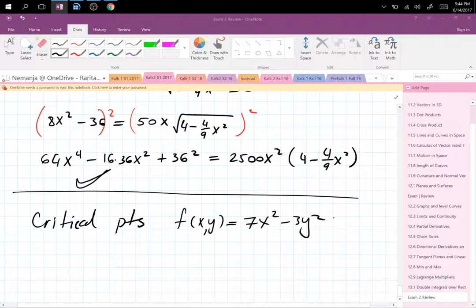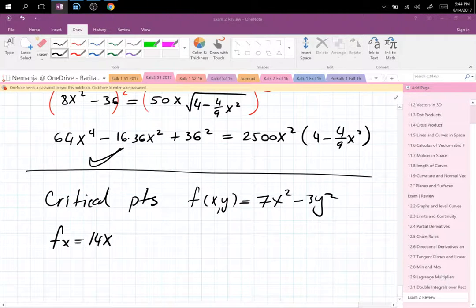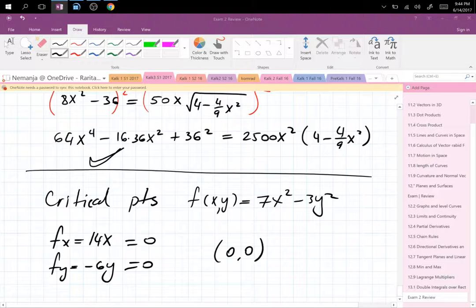Critical points, we are going to look for partial derivatives. fx, in this case, 14x, and fy, in this case, negative 6y. Set each one to 0, and all we get is 0, 0. Done.